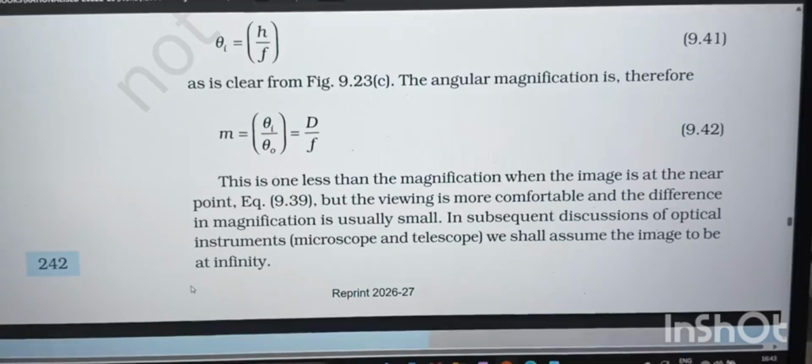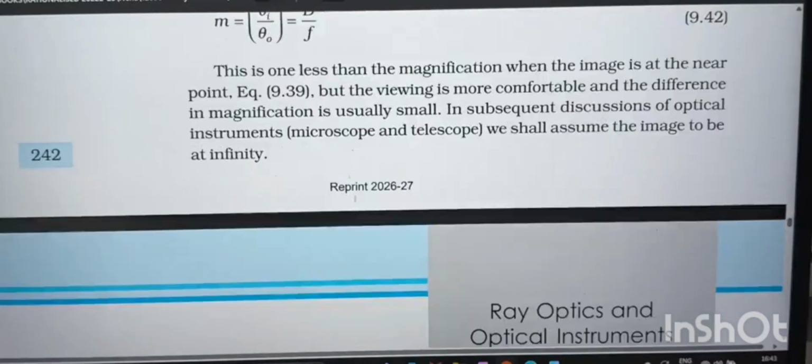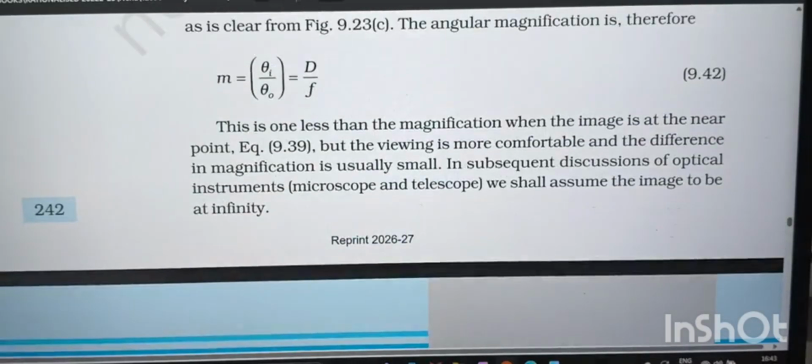So one has a disadvantage: you cannot comfortably view, but the magnification is more because of 1 plus d by f. Over here the magnification is slightly less, but it will be more comfortable, and the difference in magnification will generally be small.